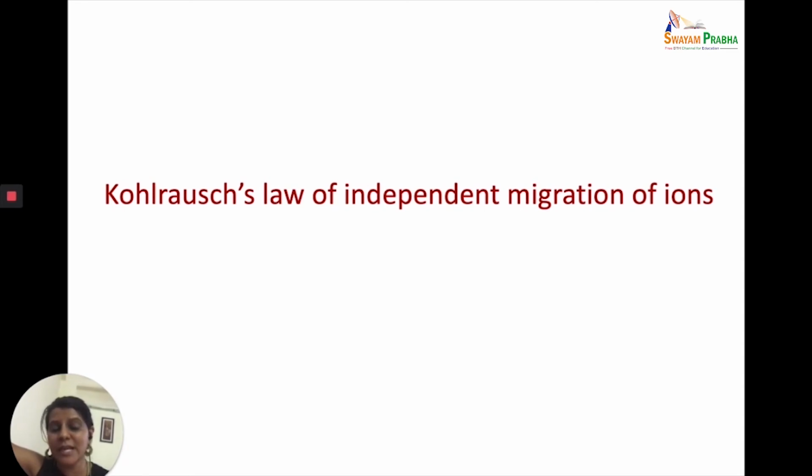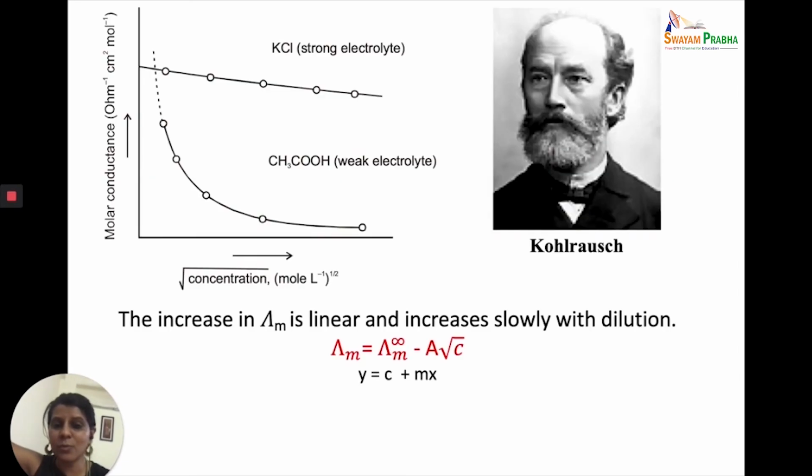We've just said that the Kohlrausch law of independent migration of ions is used to find out the value of lambda m infinity for a weak electrolyte. And let's see how we get it.